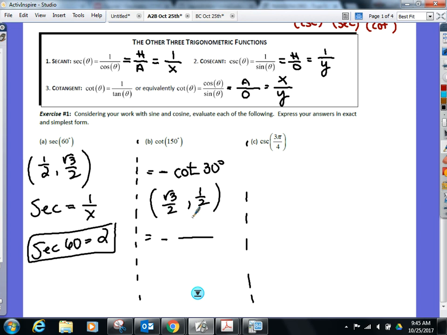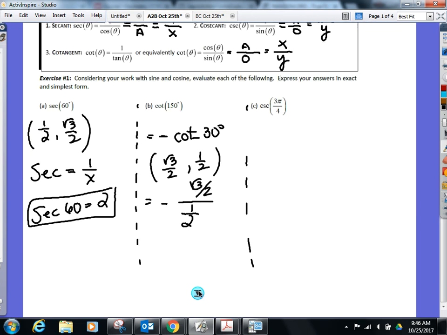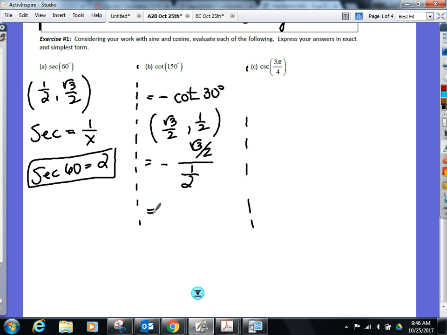Radical 3 over 2 divided by 1/2. We did this a ton yesterday and on the assignment last night. Keep the top, flip the second, and we end up with, cross out your 2's, negative radical 3. Keep bringing down that negative sign because we're in the second quadrant.